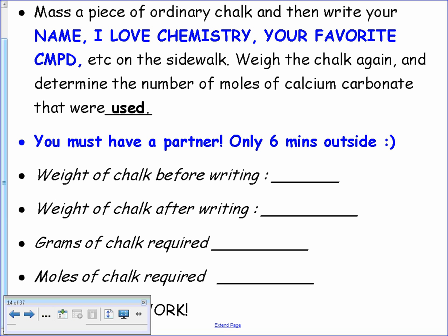I'm thinking about writing that down. Yeah, I want to write that down. We have atoms, so we do atoms.